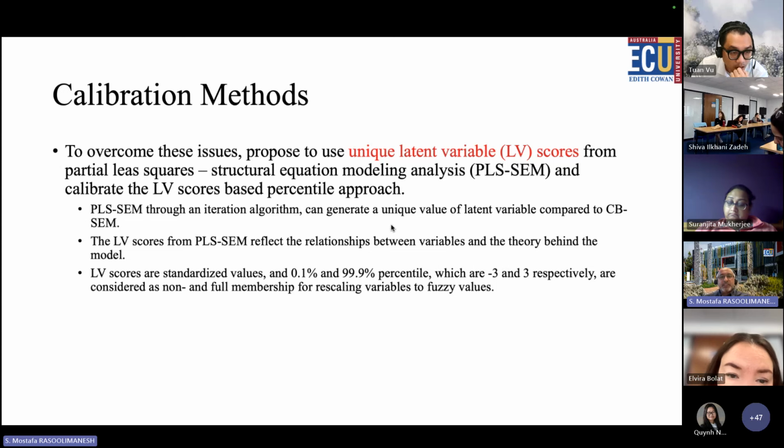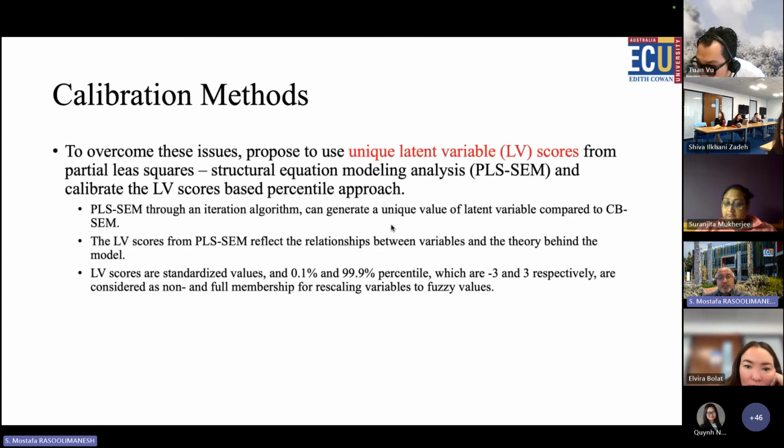So you can use the latent variable score from PLS-SEM, which is a standardized value, as input for fsQCA.